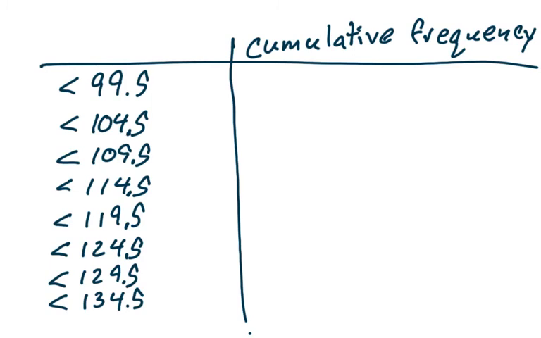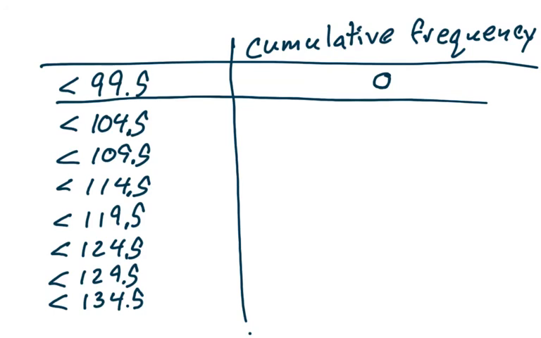Notice this is our lower boundary for that first class. Our data values are all 100 and above, 100 is the lowest value, so there is nothing that is less than 99.5 degrees. No record high temperatures less than 99.5.